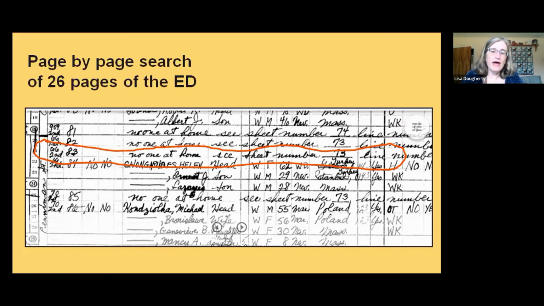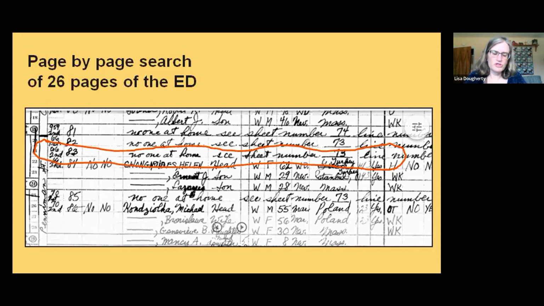What happened in that case was that the census taker had to go back at a later date and record the information out of sequence. So you can see that it says see sheet number 73, line number, etc. So we have to look on a different sheet for the information about this household.